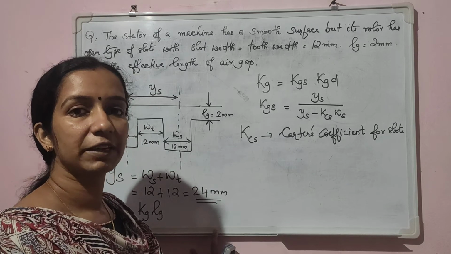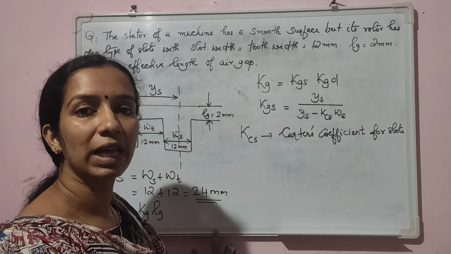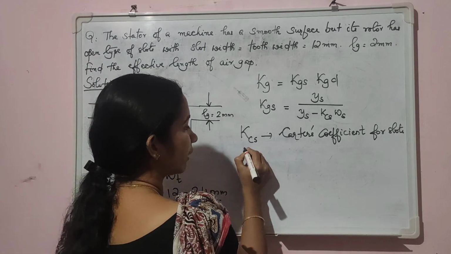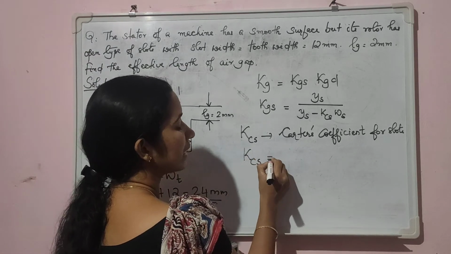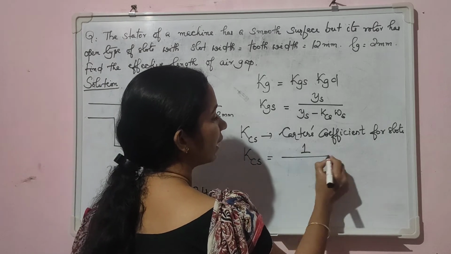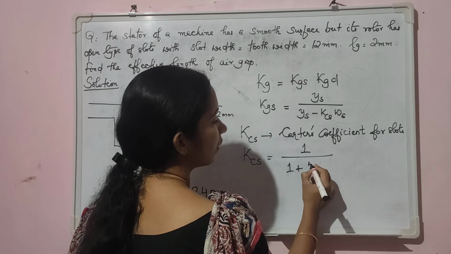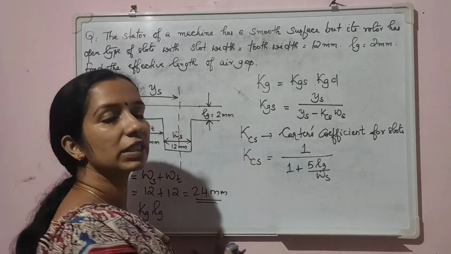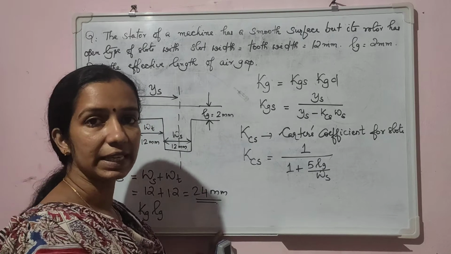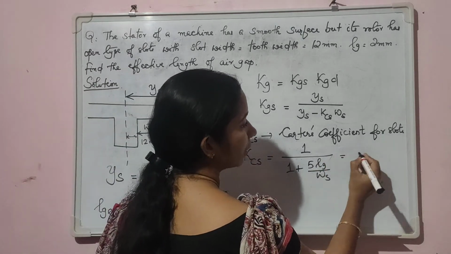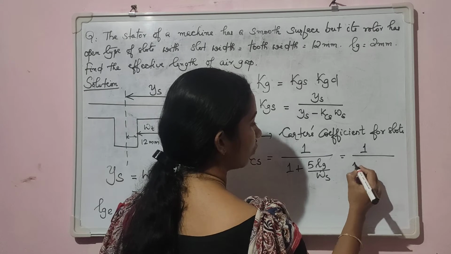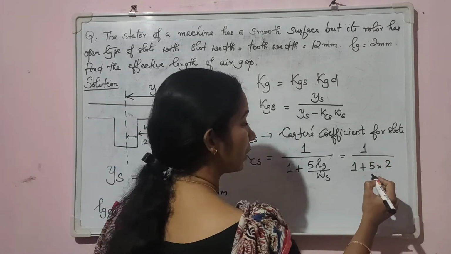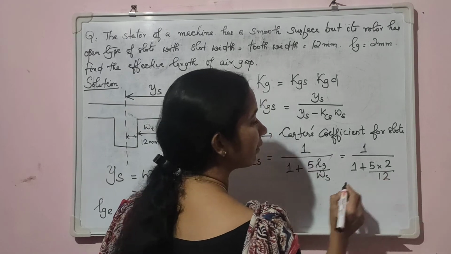We have studied two empirical formulas for calculating the value of kcs. Using one of them, kcs is equal to 1 divided by 1 plus 5 Lg divided by Ws. So kcs equals 1 divided by 1 plus 5 into Lg, which is 2 mm, divided by Ws, which is 12 mm.